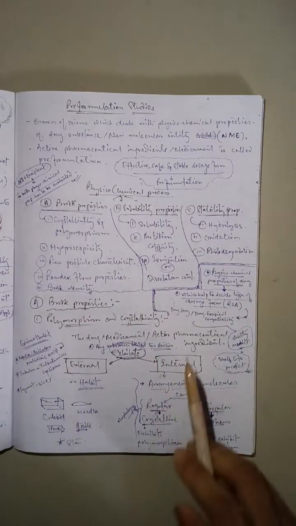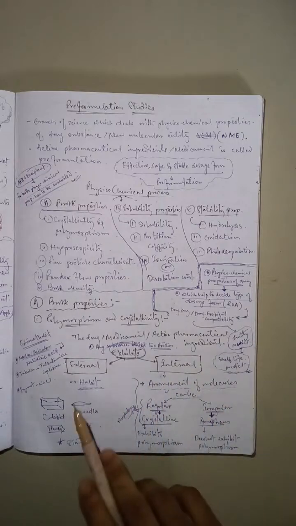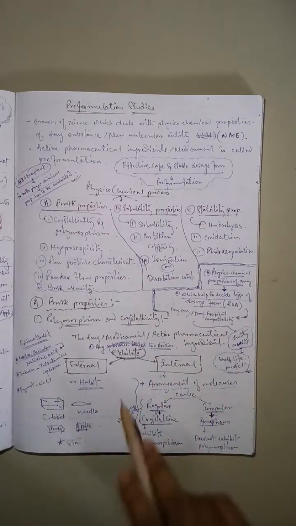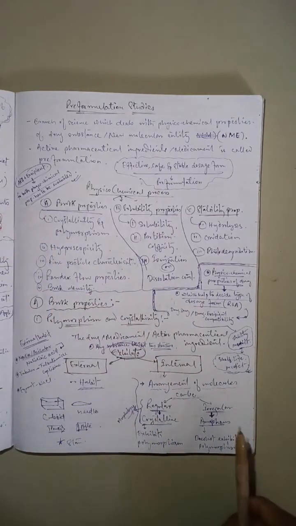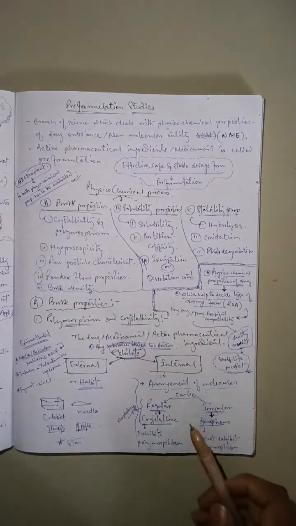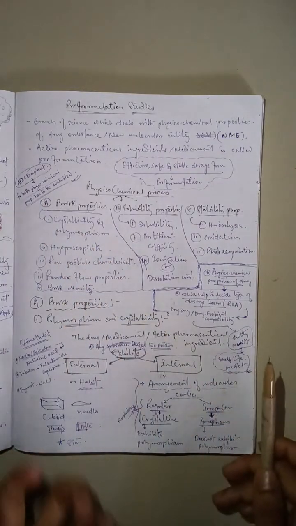These are related to excipients, not the active pharmaceutical ingredients. Both of them are mixed together and form the drug or dosage form.